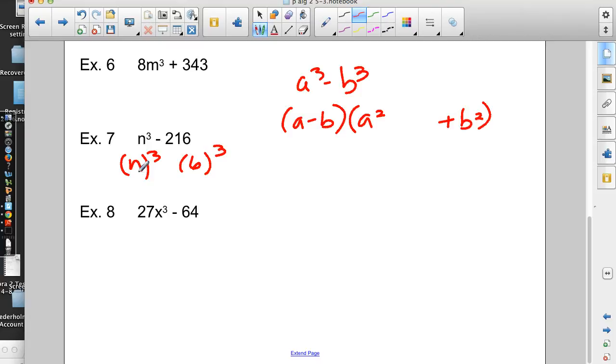But we don't want a middle term. So our middle term is going to need the opposite sign of what we see in the first set of parentheses, or we're going to be in trouble. So that would be plus ab. So with this one, the negative comes immediately in the first set of parentheses, and then the second set doesn't have any of those at all. And we're just going to substitute our n and our 6 in here.